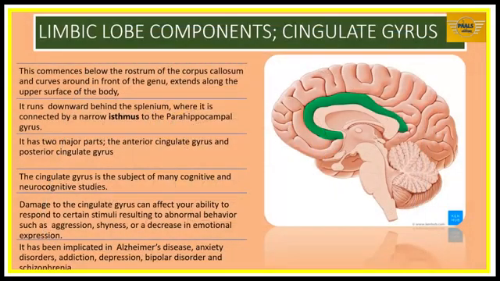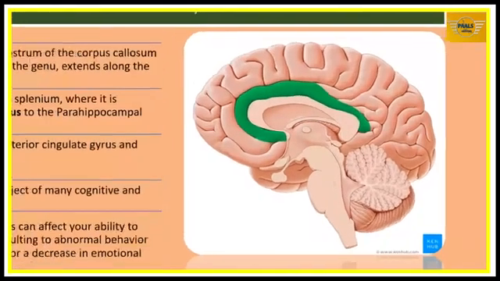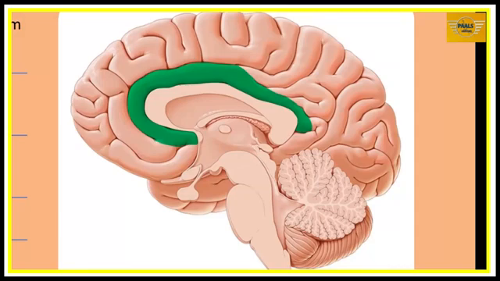Now we're going to look at the different parts of the limbic lobe. First among them is the cingulate gyrus. In this image, the green colored area is the cingulate gyrus. Here is the corpus callosum, and this is the genu of the corpus callosum, and here is the rostrum.